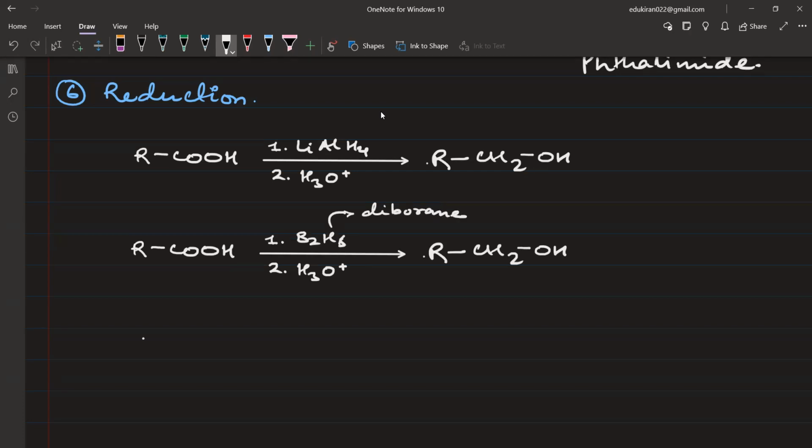But please remember, in the presence of NaBH4, the reducing agent, it does not get reduced by NaBH4. Okay, carboxylic acid does not get reduced by NaBH4.